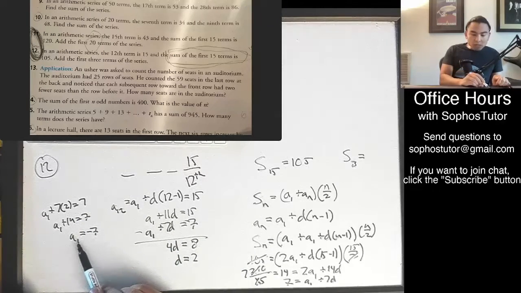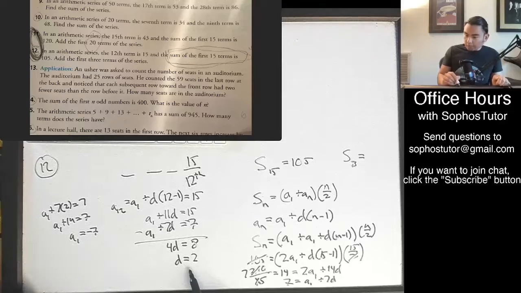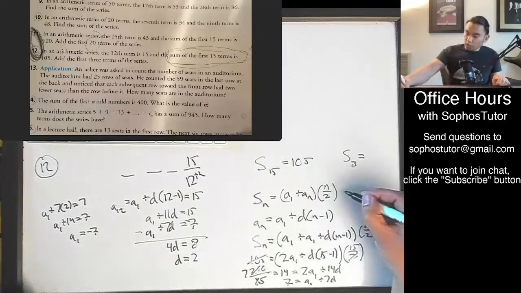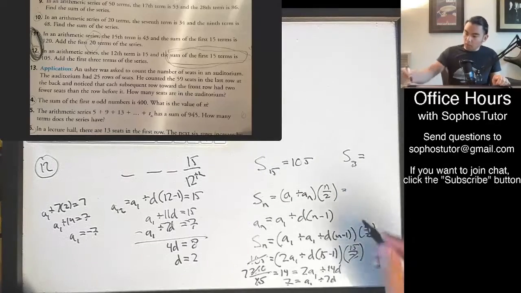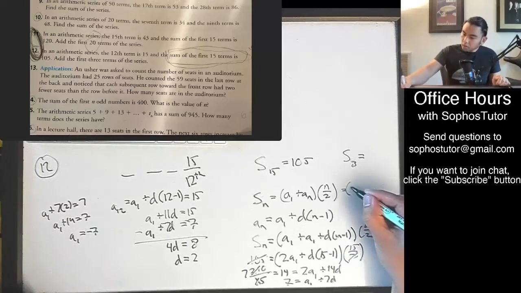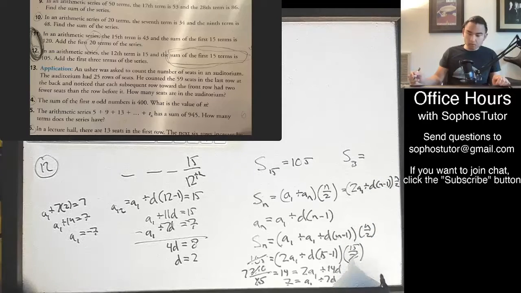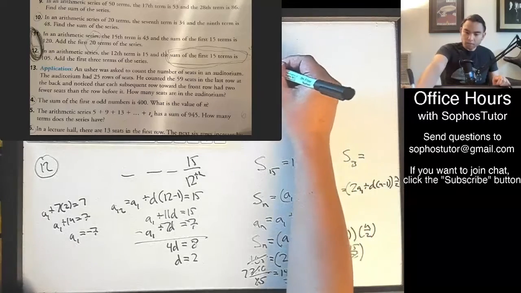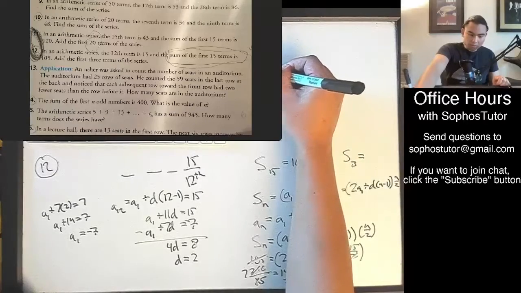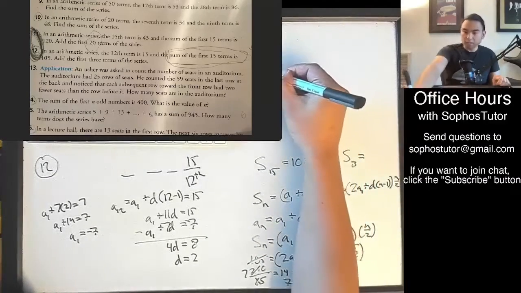So now that we have our a sub 1 and we know our d, we can now go ahead and plug into this S sub n equation. Actually, I should rewrite this S sub n equation as 2a sub 1 plus d times n minus 1, times n over 2. So, going back up here, I apologize for bouncing around a bit.